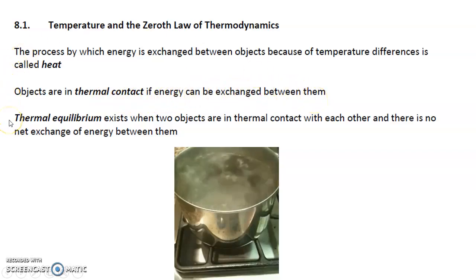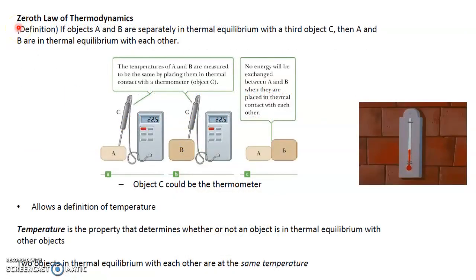Moving on to the third one, thermal equilibrium exists when two objects are in thermal contact with each other and there is no net exchange of energy between them. Now, we will be using all of the thermodynamics terms that we have learned just now to understand the zeroth law of thermodynamics.